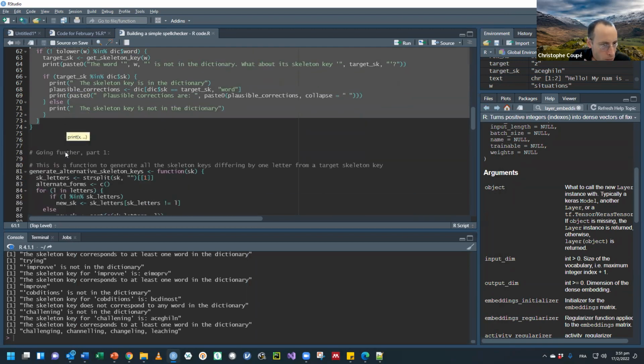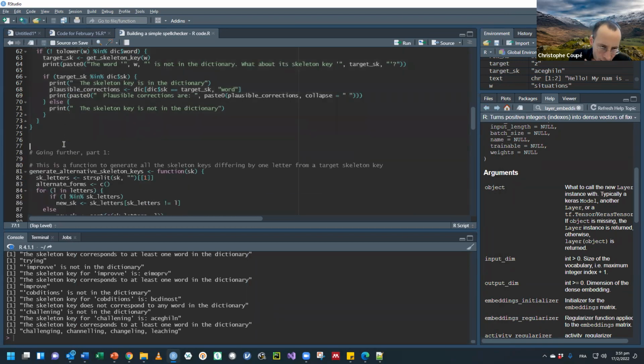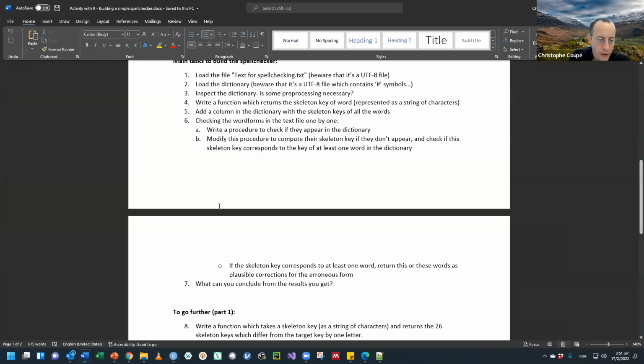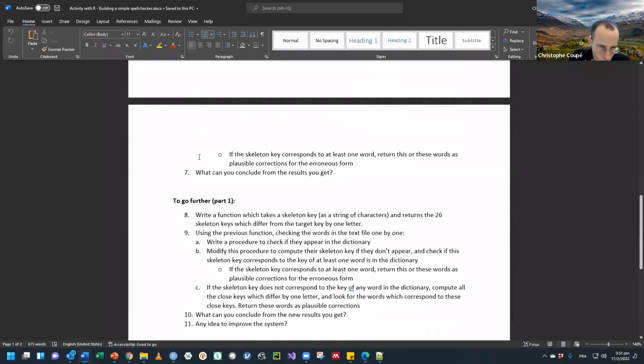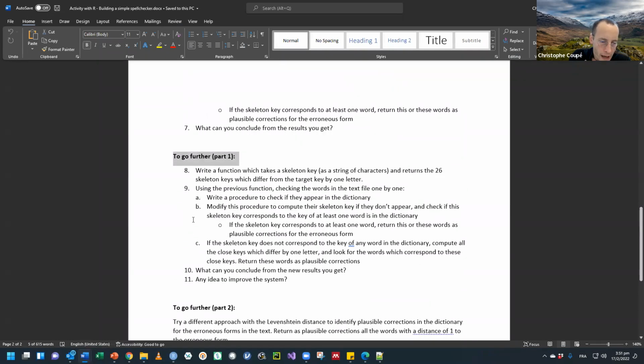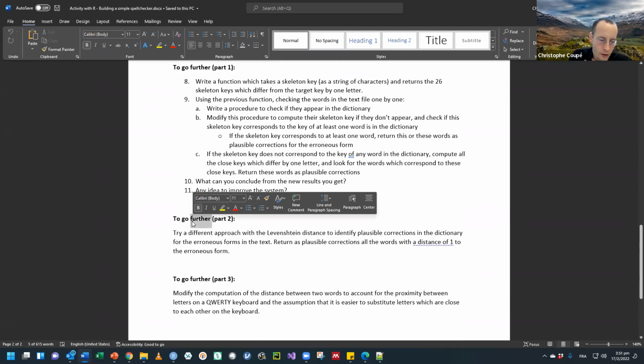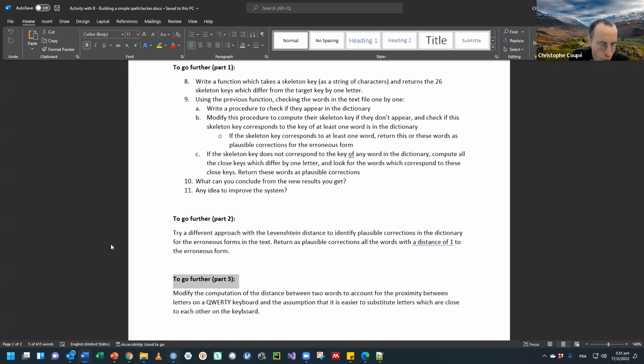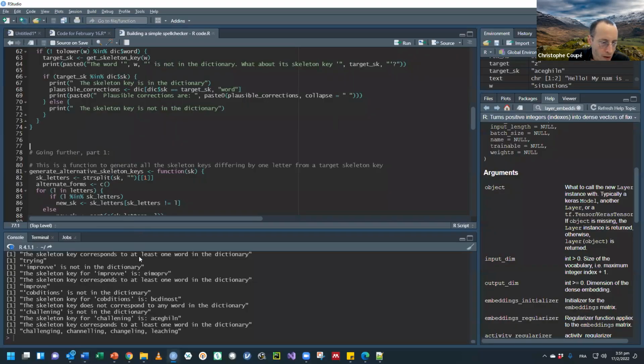But maybe I don't do this now because it takes time and I want you to try other things. In the assignment, I have one part to go further and another part to go further. And actually 3 parts, but I've written the correction for 2 and 3 as well.